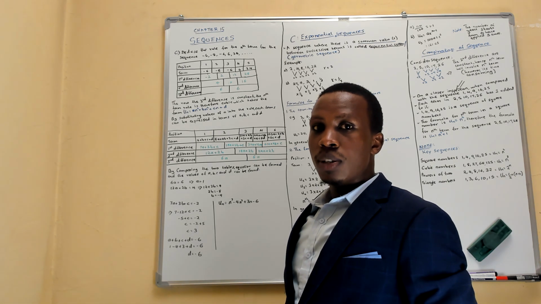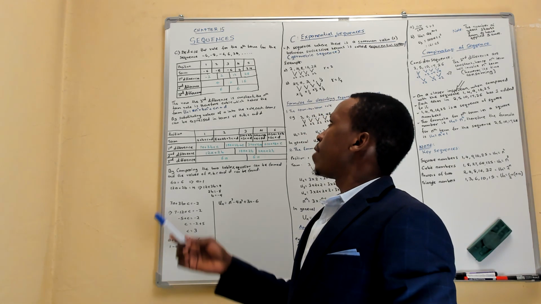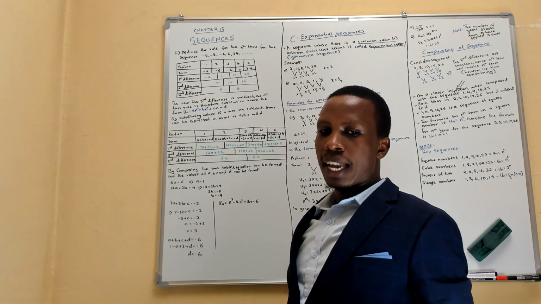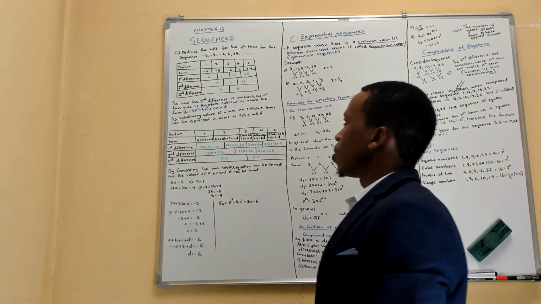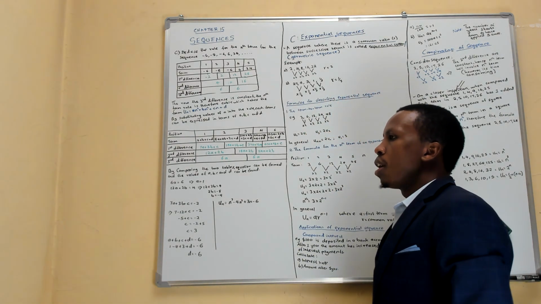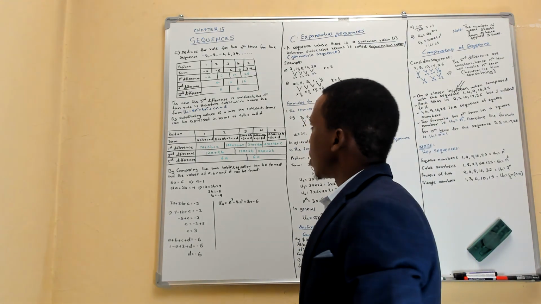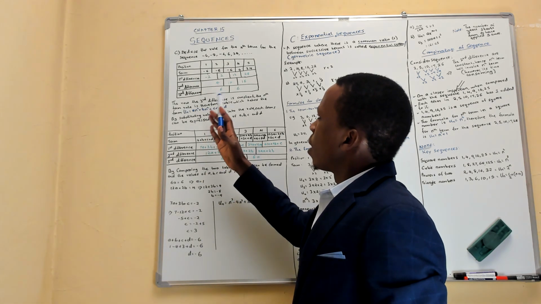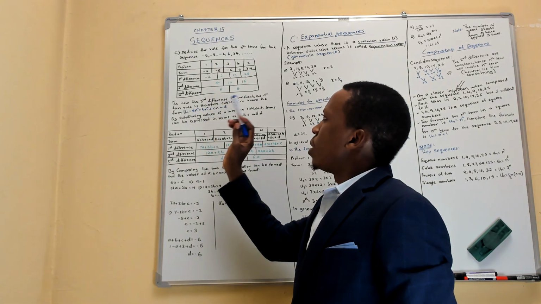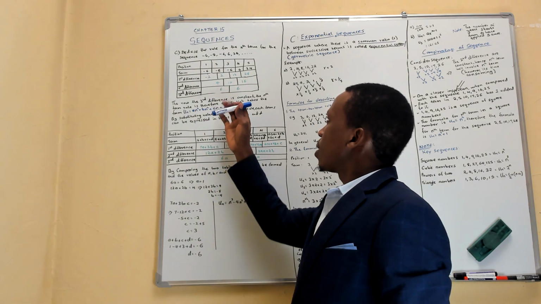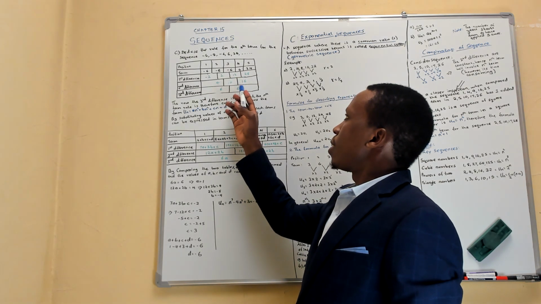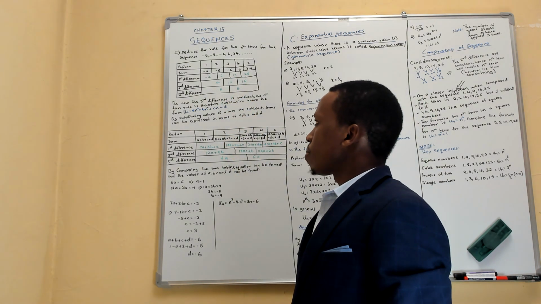Still, we don't get the same difference, so we have to go to the third difference, and that's what brings us the cubic sequence. The difference between 4 and 10 is 6, and between 10 and 16 is 6 still.